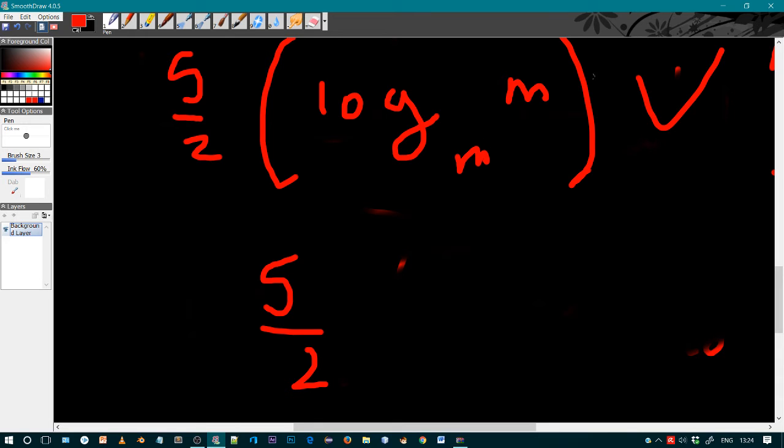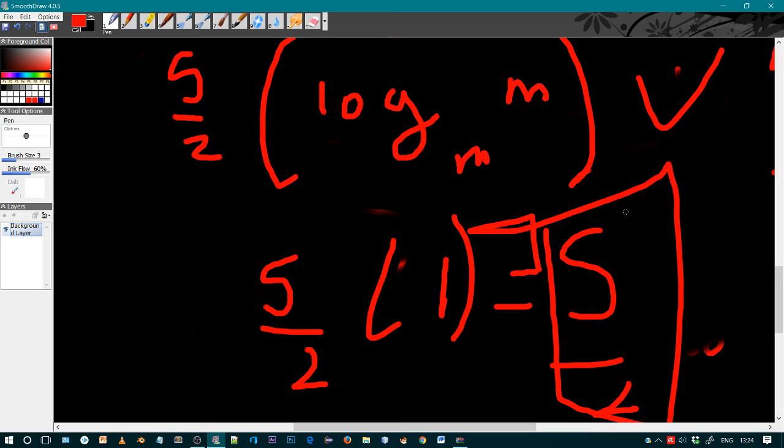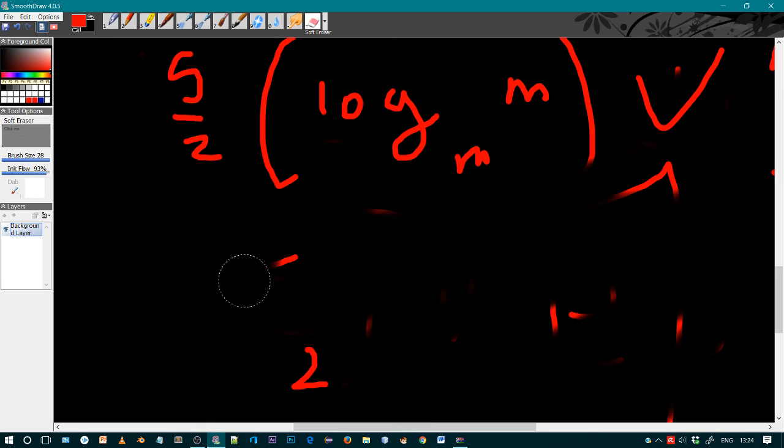So m to the power what should give you m? We discussed that log base a of a is equal to 1. So log base m of m should also be equal to 1, which will give us 5 by 2. This is our answer. So the answer of this question is 5 by 2.